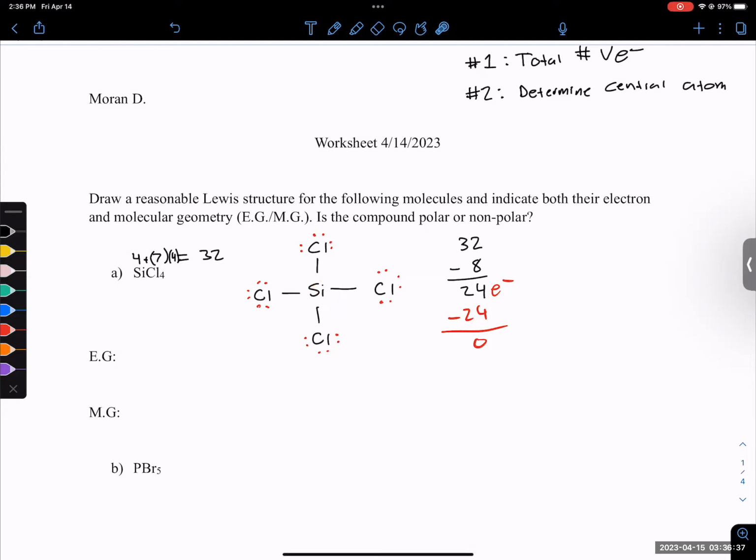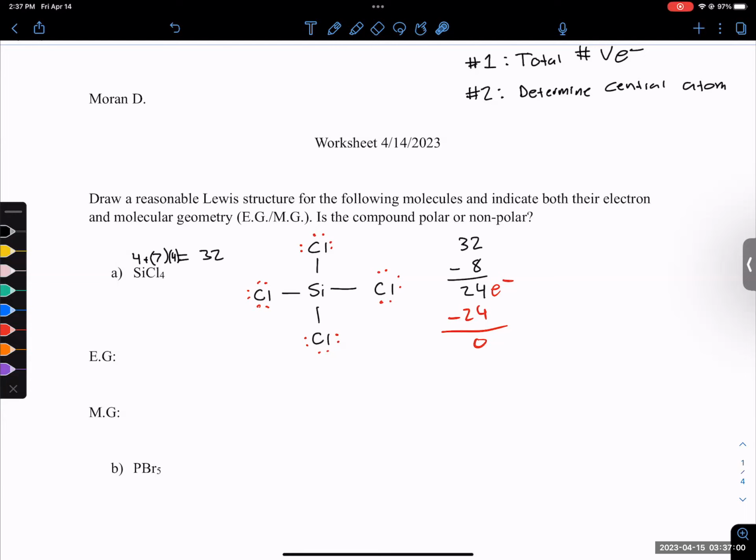But what if we had a deficiency of electrons, so we ended up with a negative number? What would that mean? We need to form either a double bond or a triple bond. Exactly. Thanks, Sydney, and everyone in class that is eating their money today. But in this case, that's not what was needed.